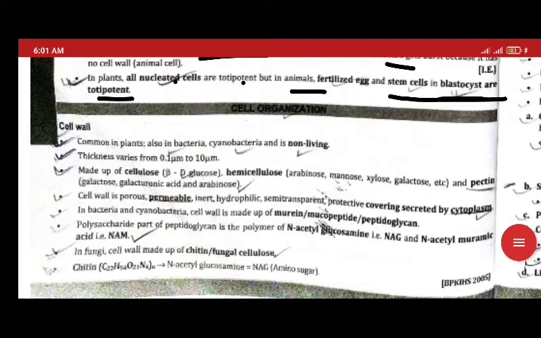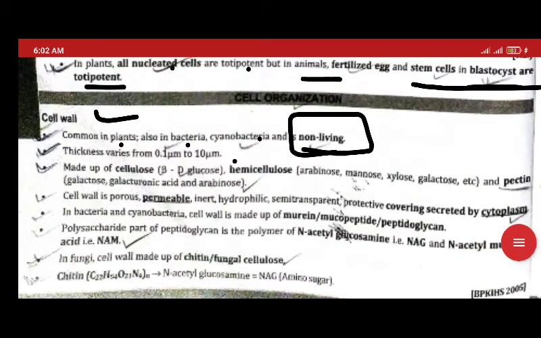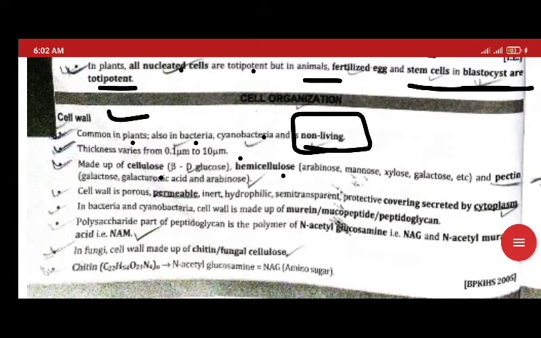That is first cell wall. Now cell wall is common in plant, also in bacteria and cyanobacteria, and that is non-living. So cell wall is made of non-living material, present in plants, bacteria and cyanobacteria. Now its thickness is up to 10 micrometer, made up of cellulose, hemicellulose and pectin.